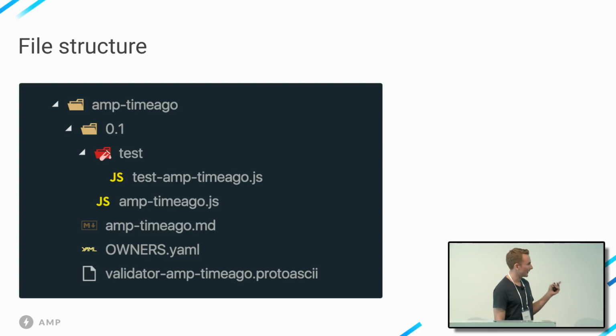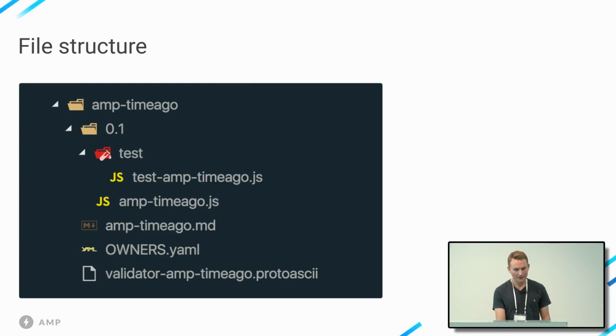We have amp-timeago.md, a markdown file for our documentation. Owners.yaml, where a list of maintainers for the component should be listed. A validator file at the bottom, which has the validation rules for the component in it. We'll look at that a bit later. And then at the top also a folder where our tests would live.